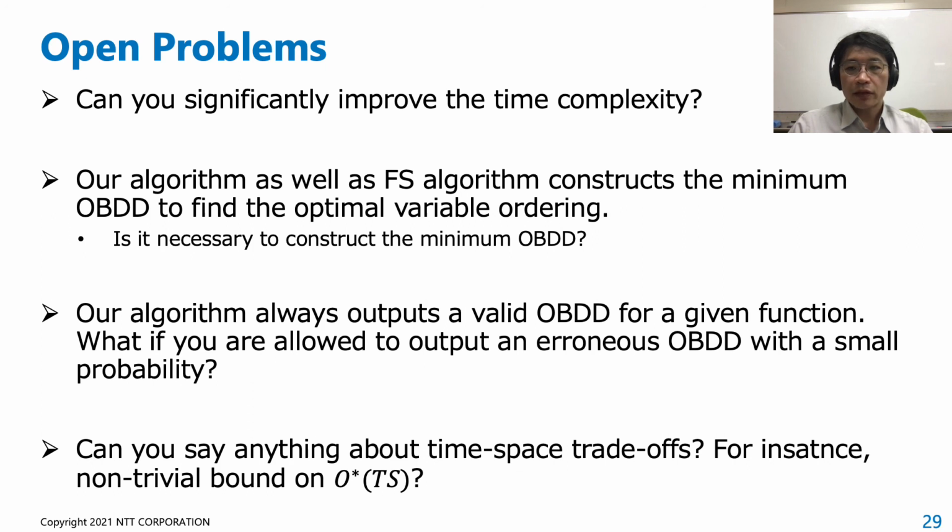The third question asks if the problem becomes easier if you are allowed to output an erroneous OBDD with a small probability. The last question is about time-space trade-offs. It is easy to see that it is possible to reduce the space complexity if you relax the time complexity bound. The question is whether it is possible to say anything about time-space trade-offs.